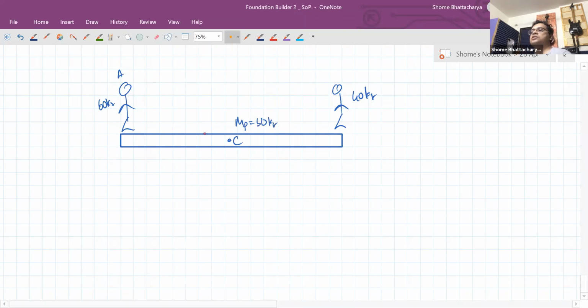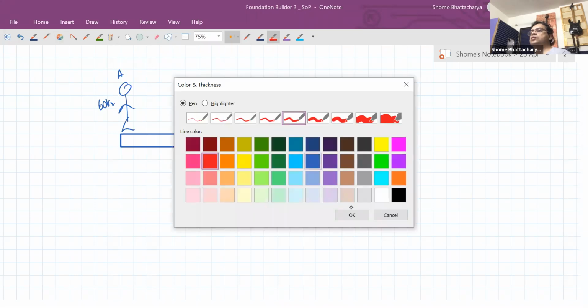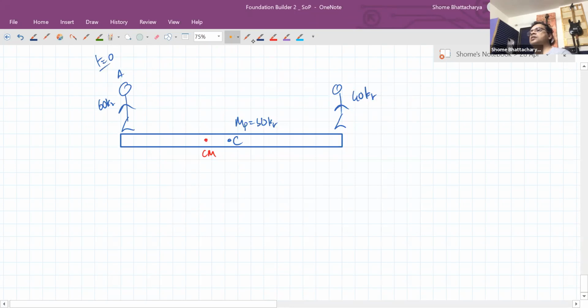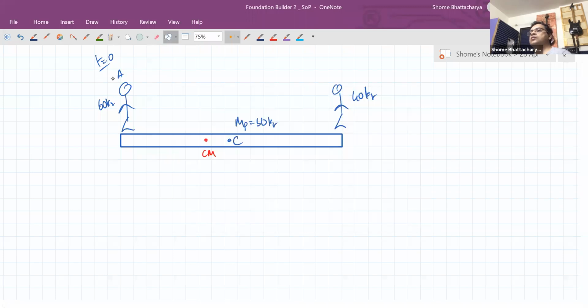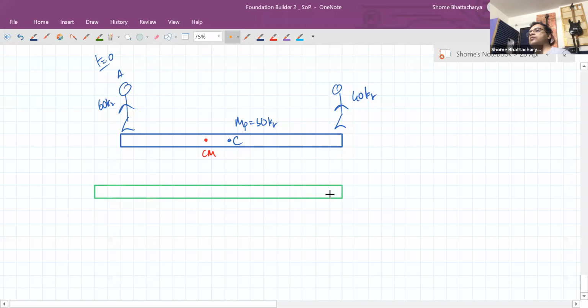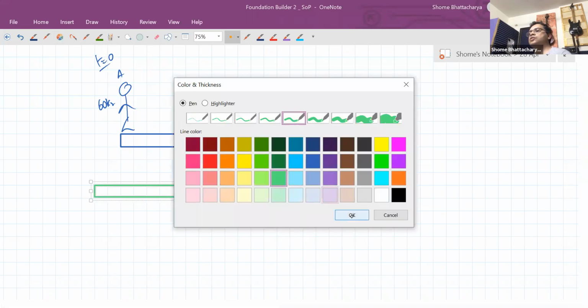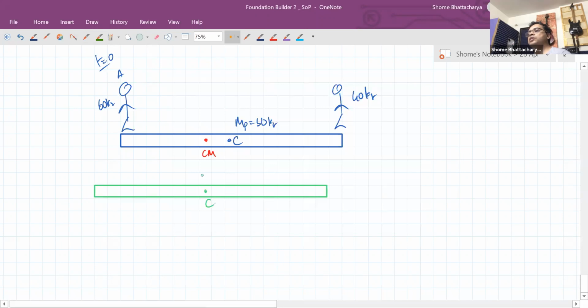So the center of mass of the system must have been somewhere here, closer to A. This was the situation at t equal to 0. Now after A and B have walked, what has happened? The platform would have moved in such a way that wherever the platform center is, that is where they meet now. But that is where the center of mass of the system is also now. So they meet at the center of the platform, but that should coincide with the center of mass, because the center of mass should not have moved.